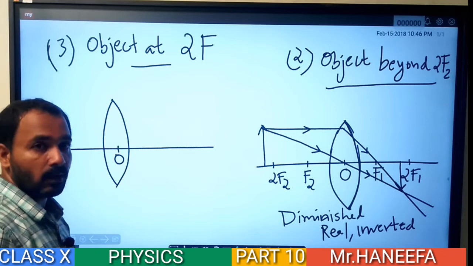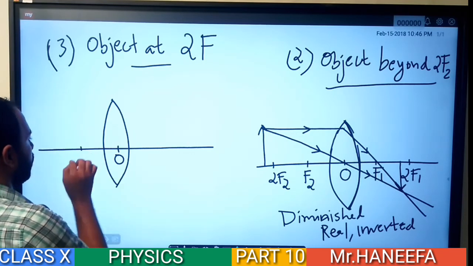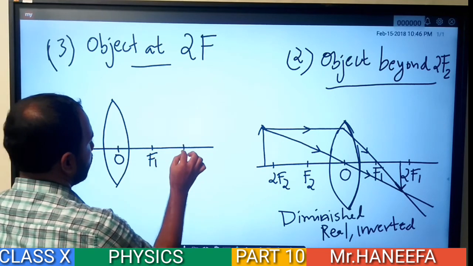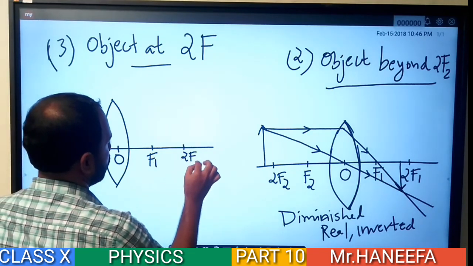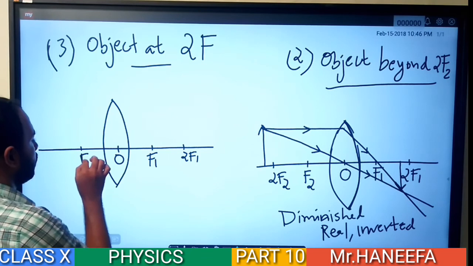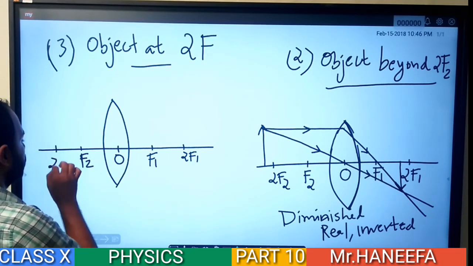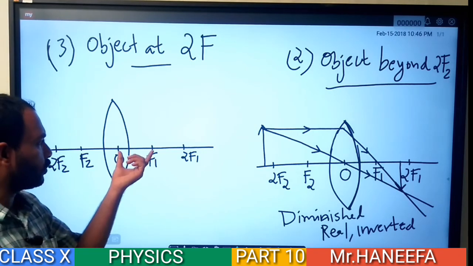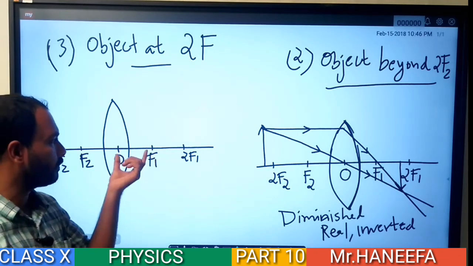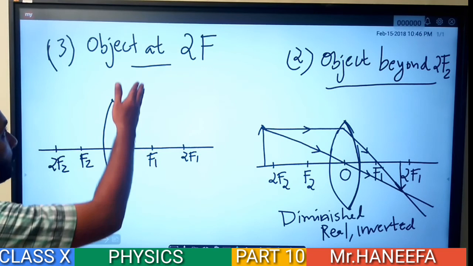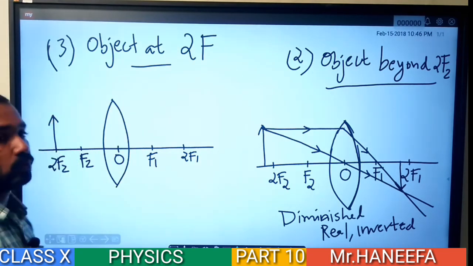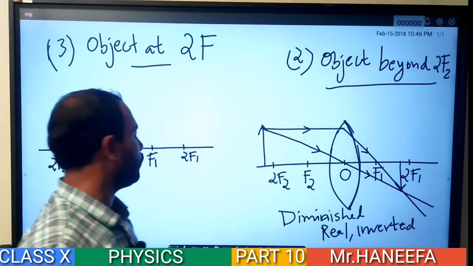This point is O. Here, F1, 2F1, F2, 2F2. These two distances are equal.